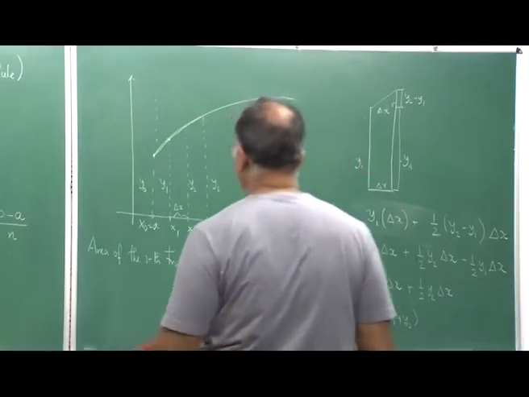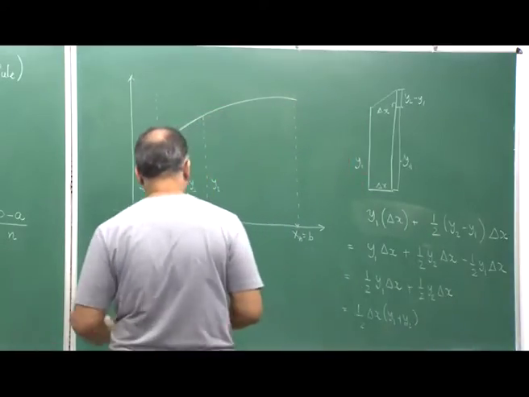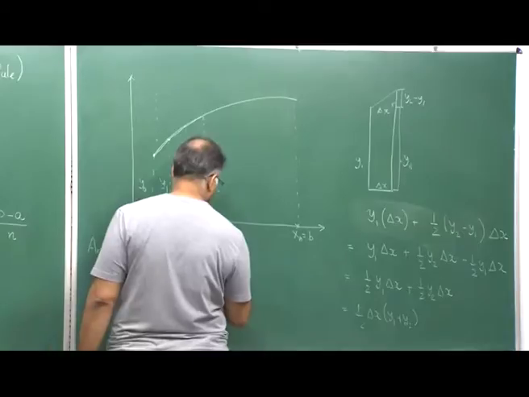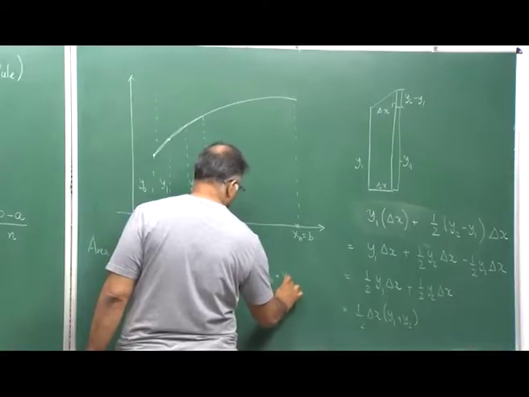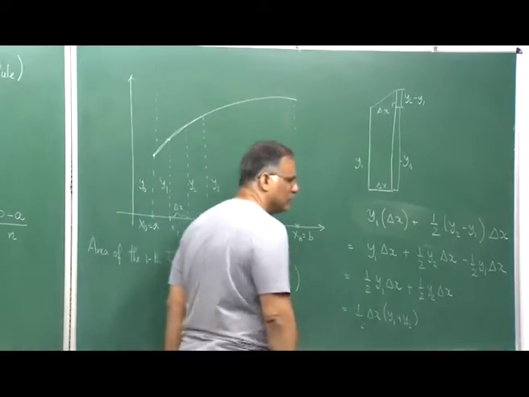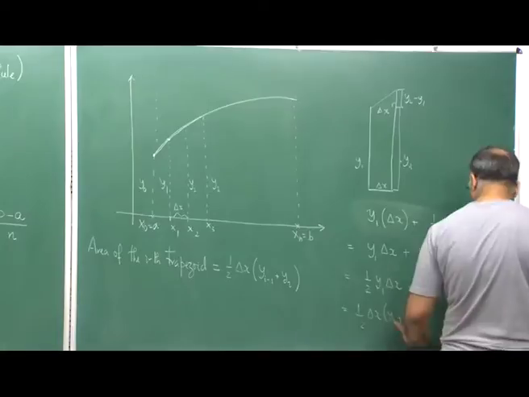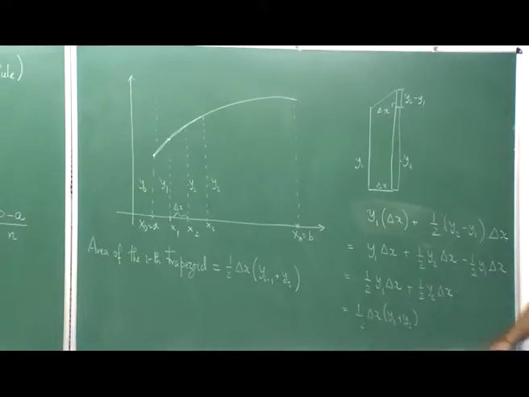The area of the ith trapezoid is given in a very simple way. It is the same thing, half delta x into y(i minus 1) plus yi. Just replace 2 with i, and 1 is of course i minus 1. So, now how am I going to estimate this integral, right?